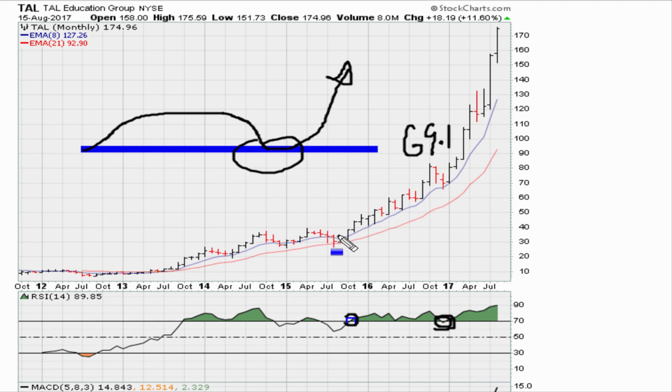If we assume that this was your entry, you held on even throughout this bounce and test of 69.1, you'd still be owning and holding on to this instrument since your entry under $40.